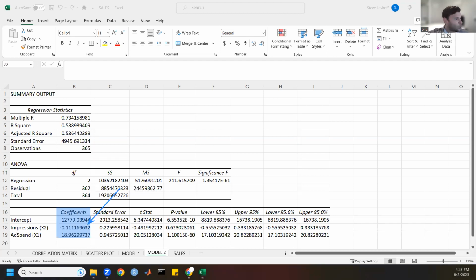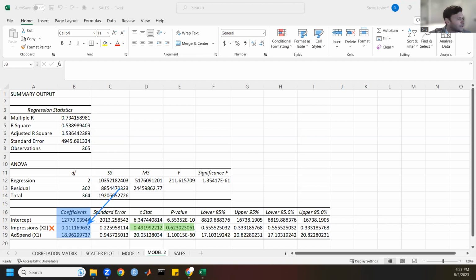However, a quick look at both the T statistic, which is definitely smaller than 2 in absolute value, and the P value, which is definitely larger than a 5% significance threshold, are both indicative of this not being statistically significant. This is a statistically insignificant variable that we've added here. Okay, impressions is not statistically significant.